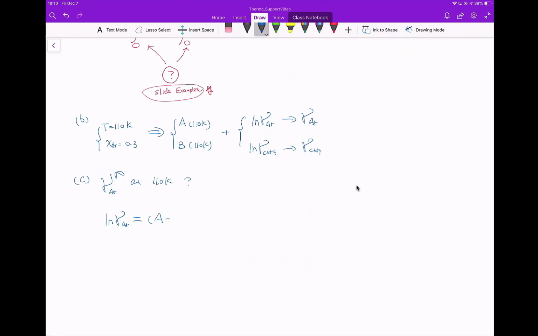This is negative 4B X to the cube CH4 plus A plus 3B X to the square CH4.